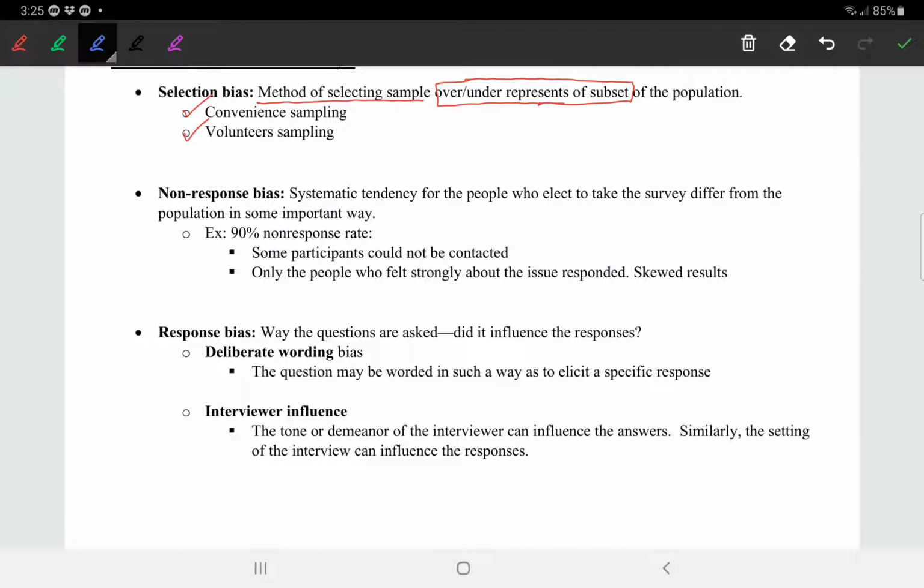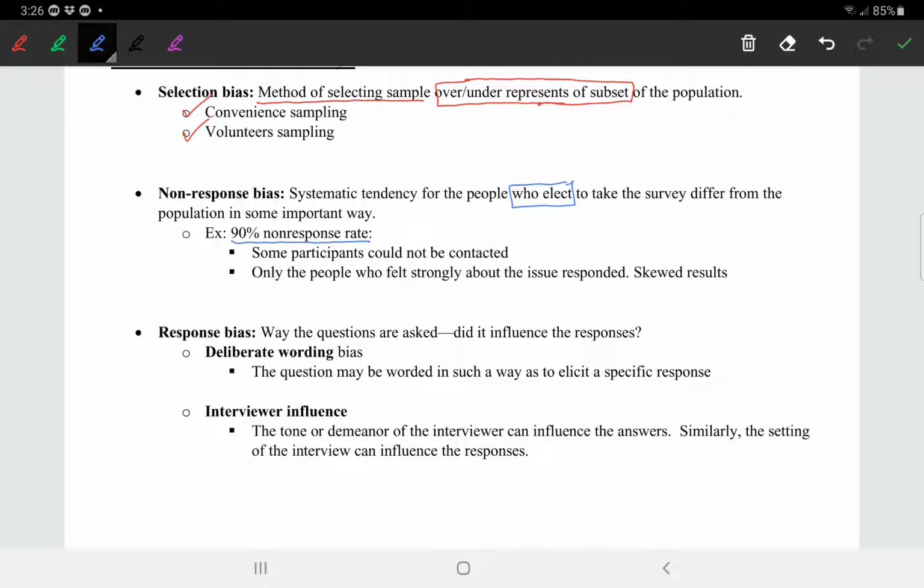There's also something called non-response bias. It is the systematic tendency for people who take the survey to somehow differ from the population in some important way. Say, for example, there was a 90% non-response rate to your survey. Can you take the result of that survey legitimately?